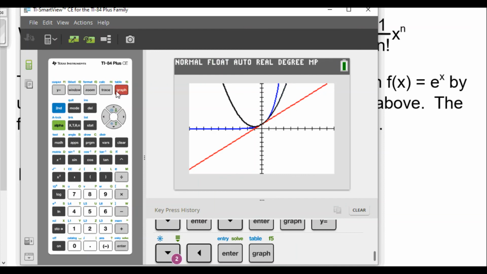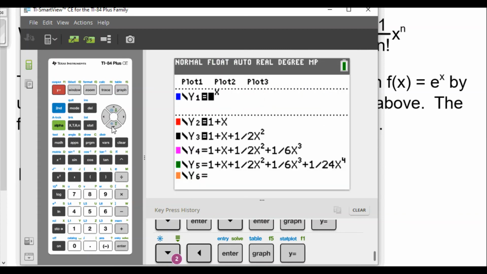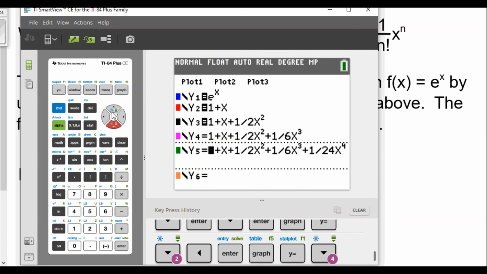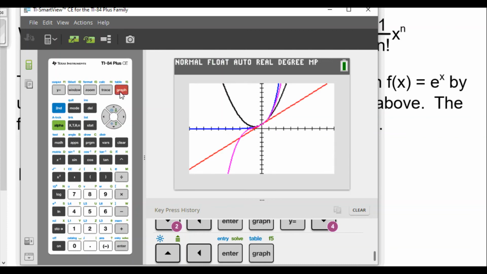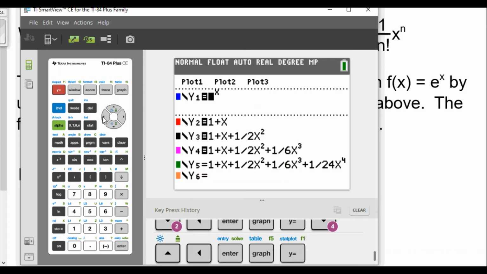Now let's go to our third polynomial, enter, and then graph. You'll see that it gets closer, again not all the way across, but a little further out from 0 is a better approximation. And we'll see here for the last one.